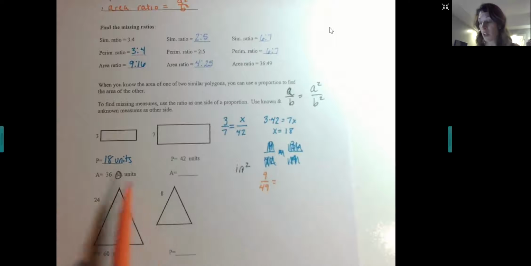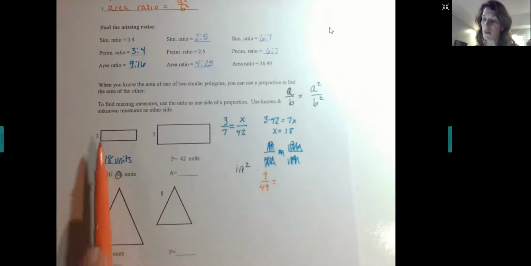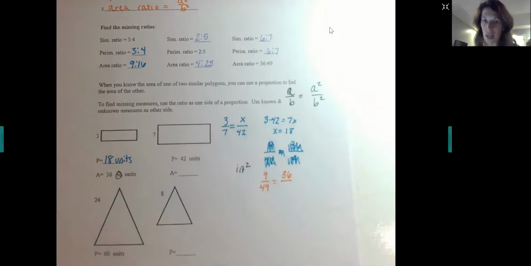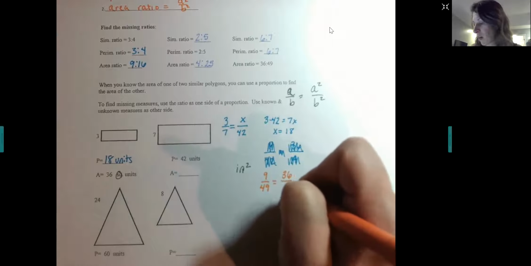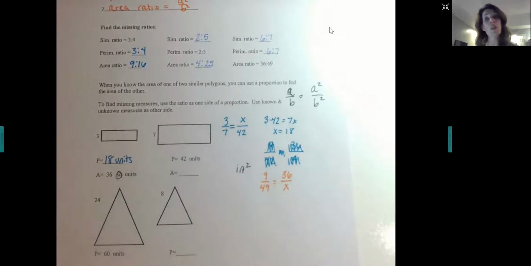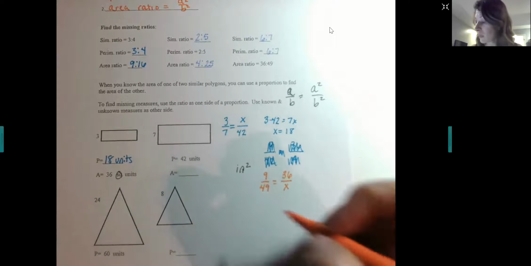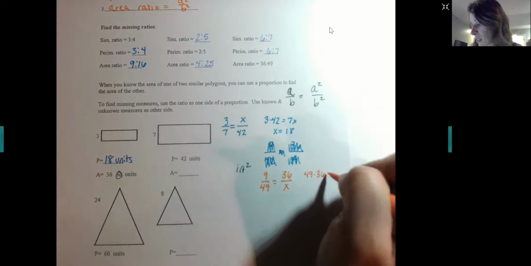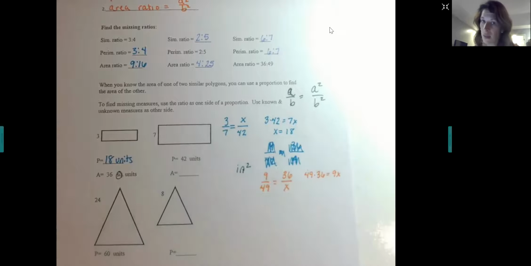It is equal to 36. Notice 36 goes with my small rectangle. So 36 has to be on top with my 9 over x. So we're going to cross multiply so that I have 49 times 36 is equal to 9x.